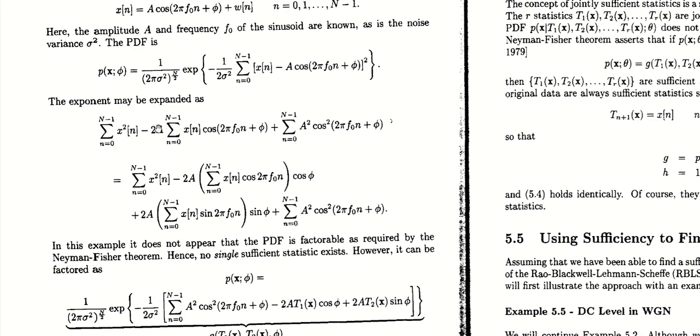Okay, you still have 2a, right? You have 2a, x summation x, right? And then cosine 2 pi f0 here, cosine phi. You have sine 2 pi f0n, and then sine phi.